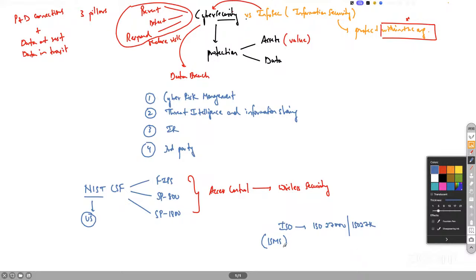So it gives you how you can build an ISMS. What should be the different codes of practice for ISMS? How do you implement ISMS? How can an organization monitor using various metrics? How do you define risk management?